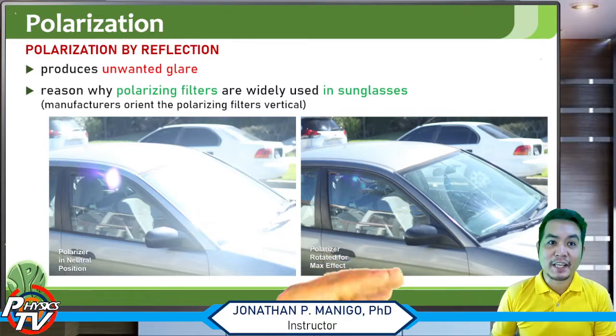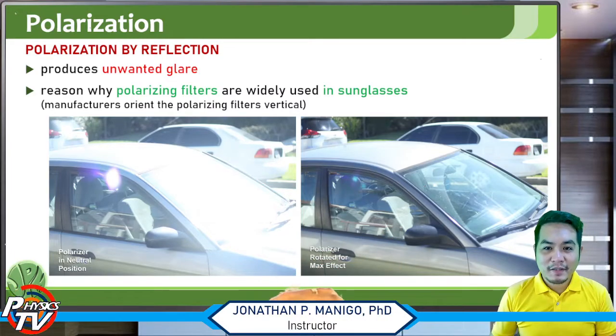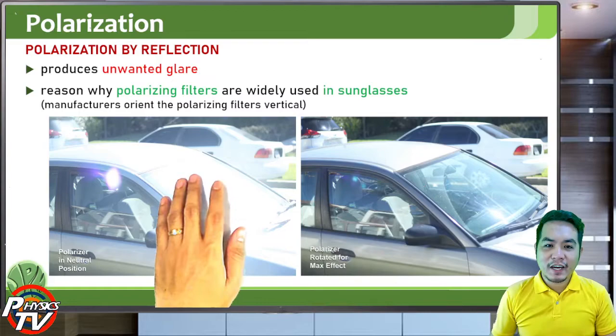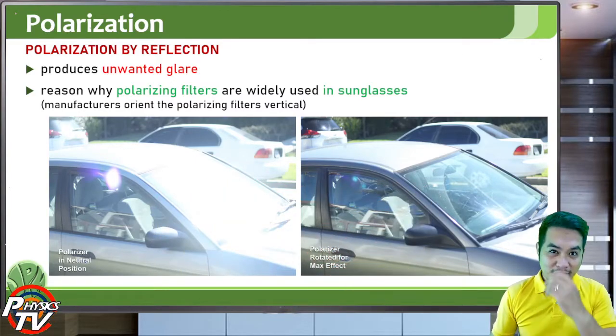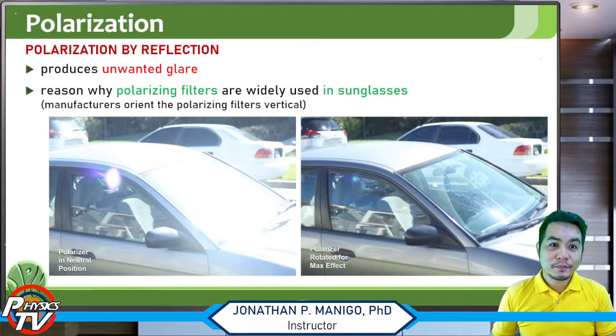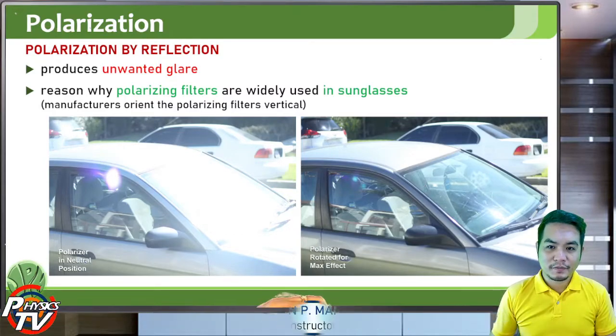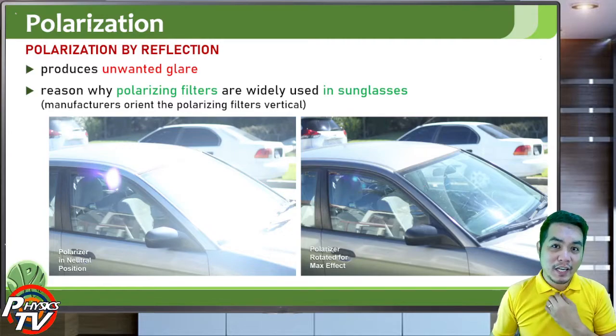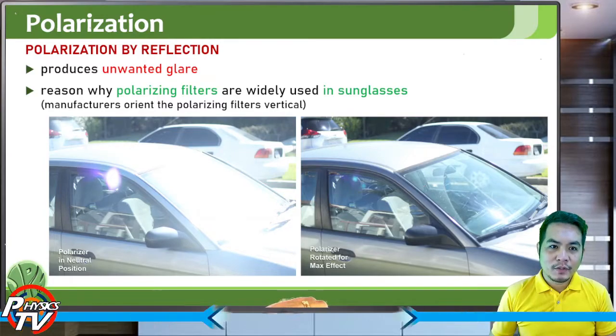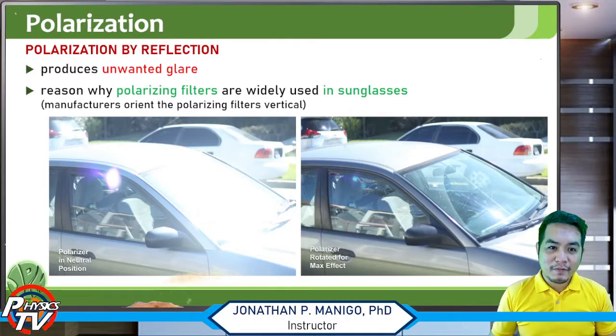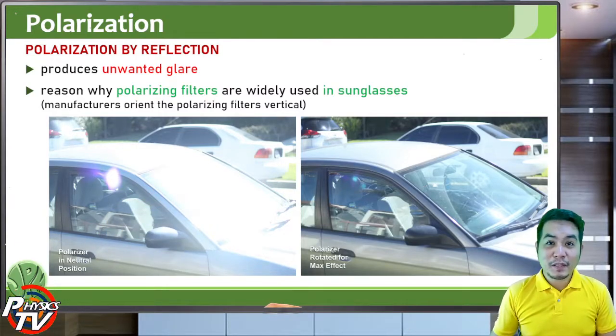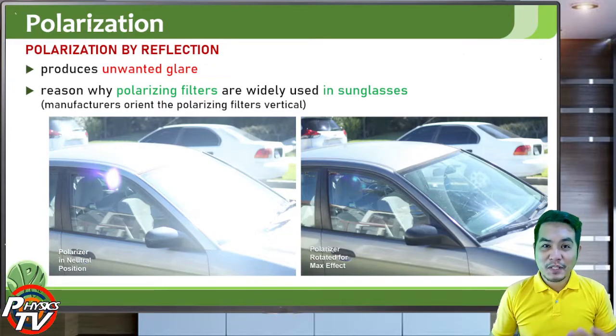A sunglasses is an example of a polarizing filter. You will see that the glare is removed when you use a filter because it only allows certain polarization directions. Sometimes we don't want polarization by reflection. That's why we use sunglasses.